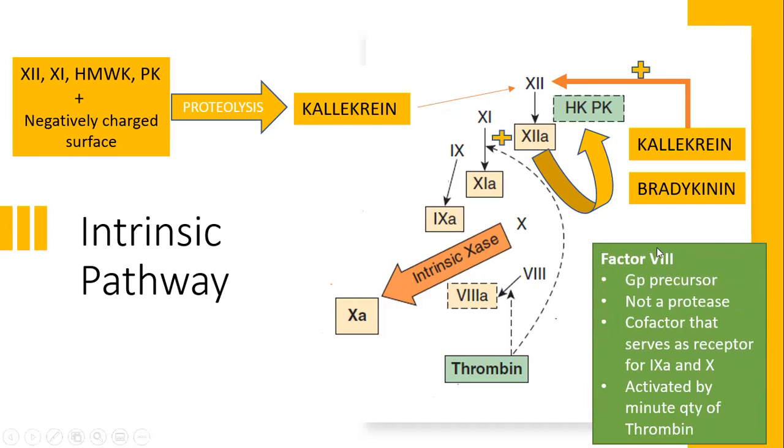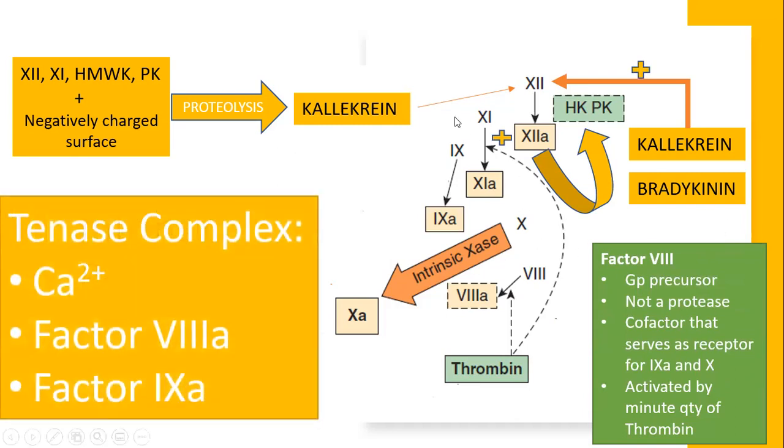So as I mentioned a while ago, your clotting factor 8 is actually a cofactor. So this activation of the series of clotting factors would lead to the generation of your intrinsic 10-ACE complex. What are the components of the intrinsic 10-ACE complex? That would be calcium, which is always needed for clotting. You have your factor 8A here, which is a glycoprotein precursor that is a cofactor, which as you can see here is activated by your thrombin.